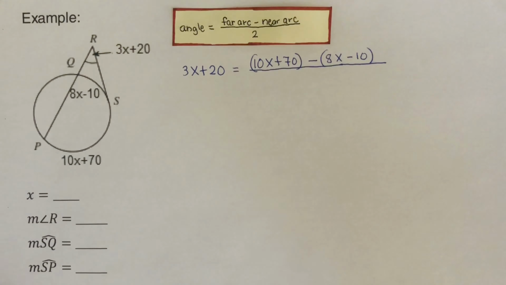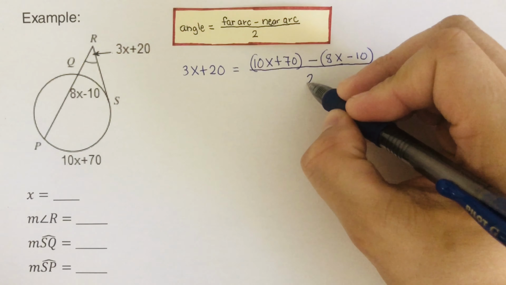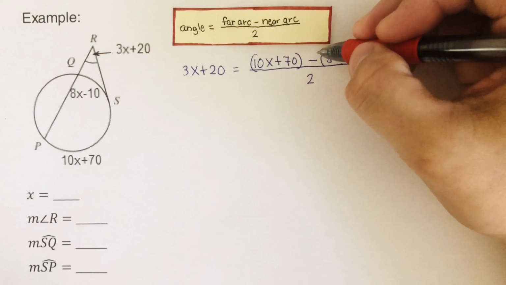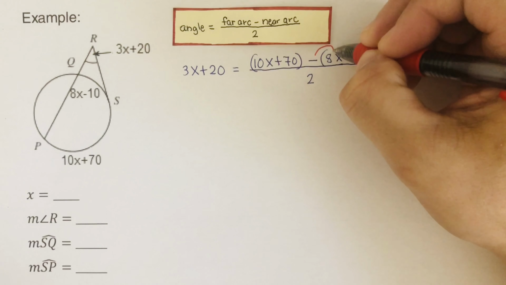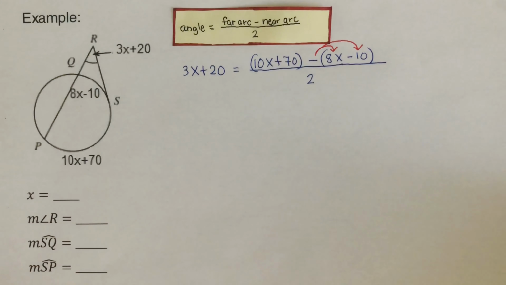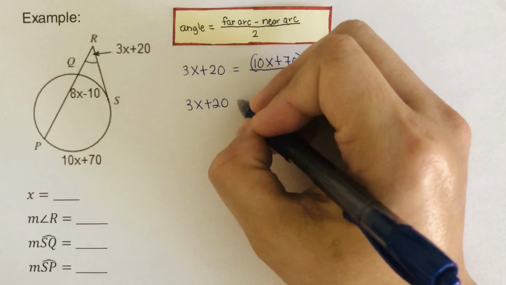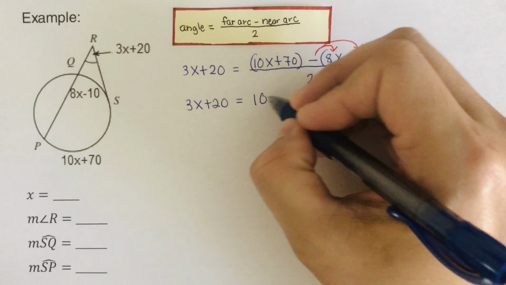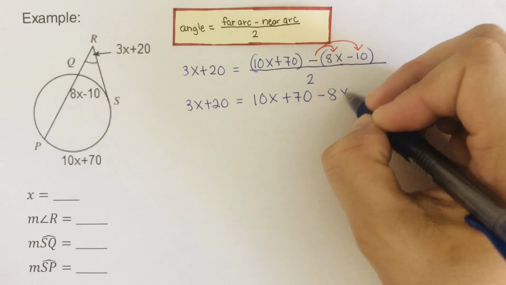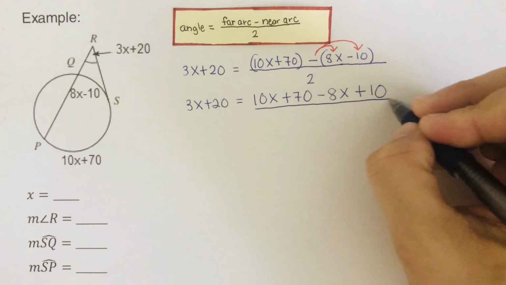And then this is divided by 2. Then we can go ahead and distribute this negative to each term inside the parentheses. So this comes out to be 3x plus 20 equals 10x plus 70 minus 8x plus 10, and then that is divided by 2.